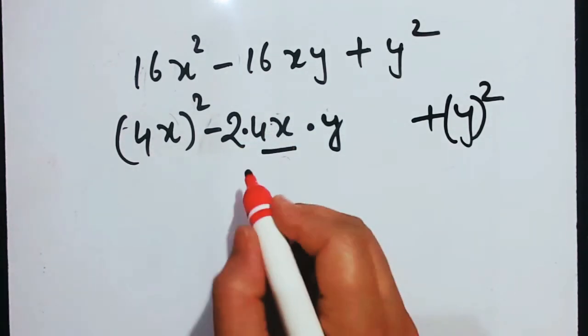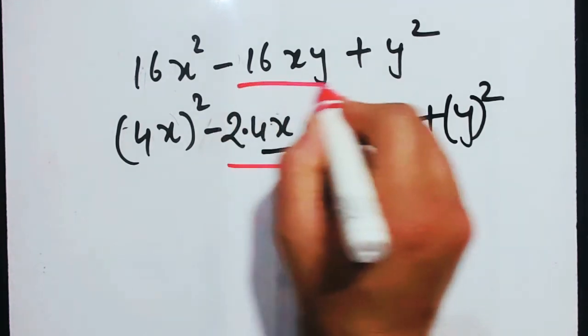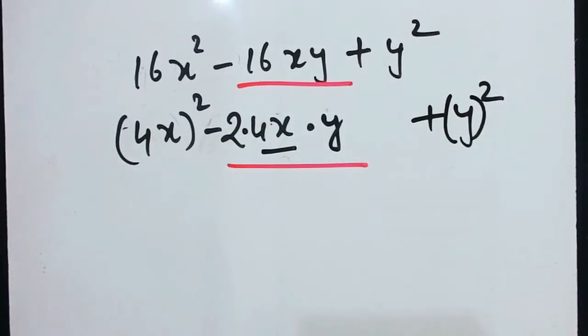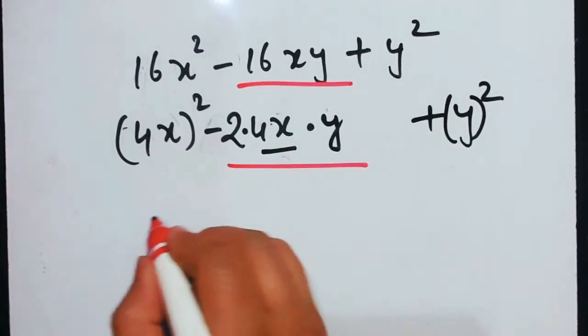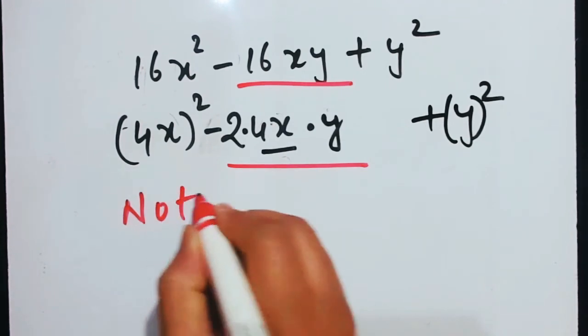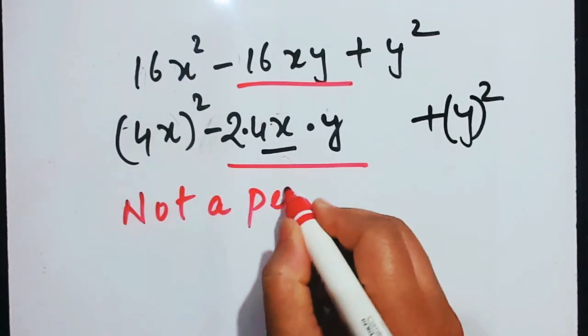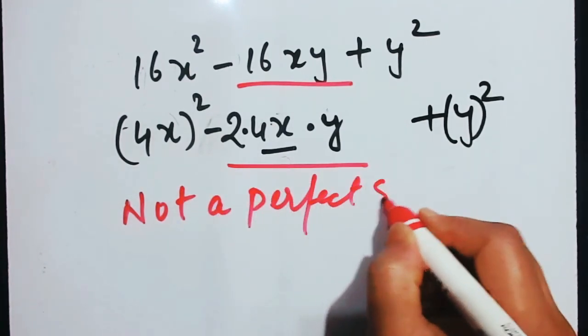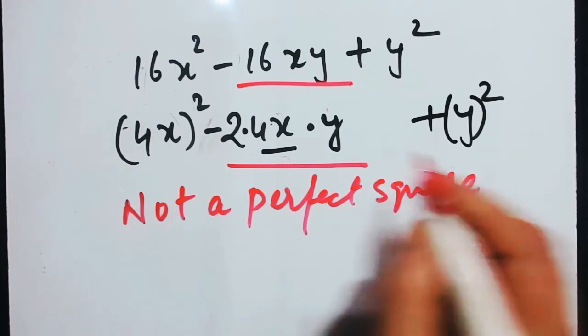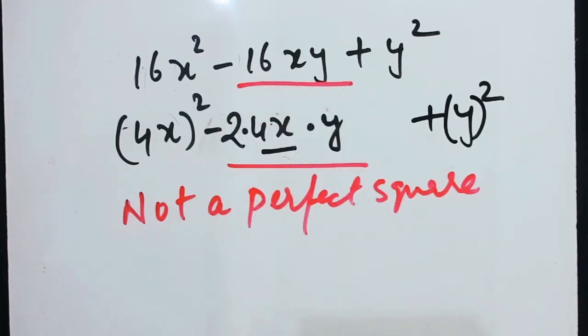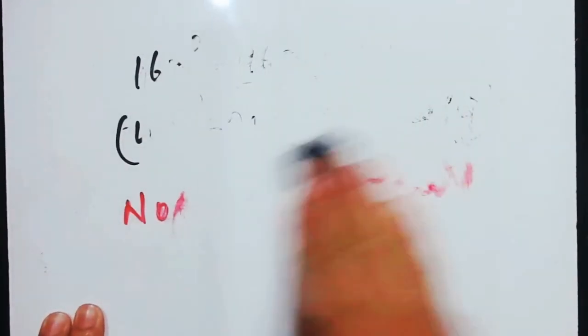Again I find that there is a mismatch, meaning these two values are not matching. So I would say not a perfect square, because here you have 8xy and here you are getting 16xy. Let us take one more example so that our concept becomes clear.